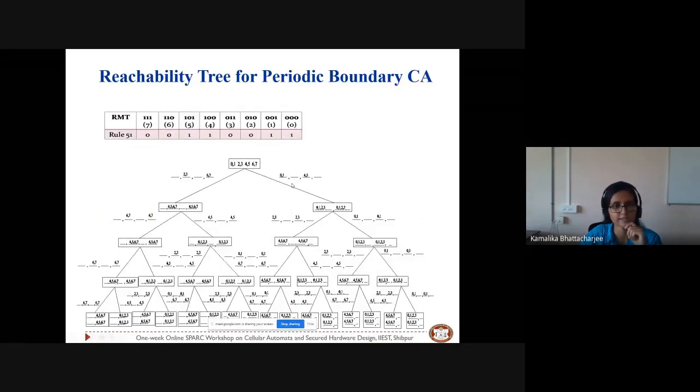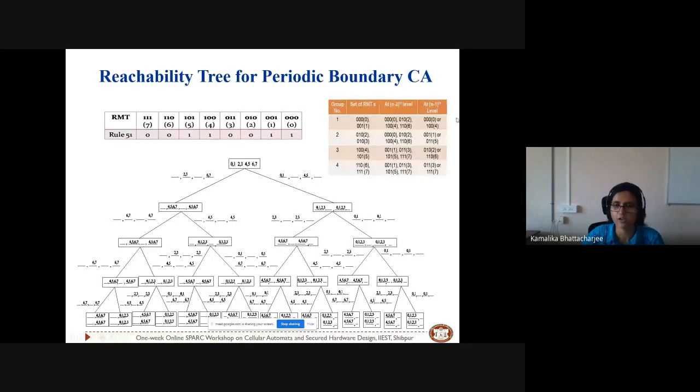Let us take another example. This is rule 51. For rule 51, if we take a 4-cell CA, you can see that although if we apply the conditions of the n minus 2th level and n minus 1th level, for some nodes some of the RMTs will be crossed out, they can't exist, but still the tree will be complete.